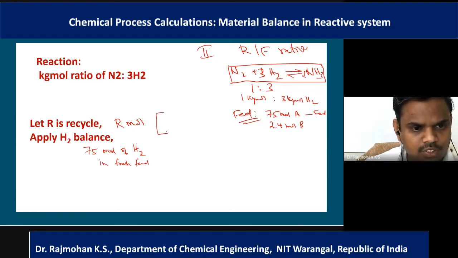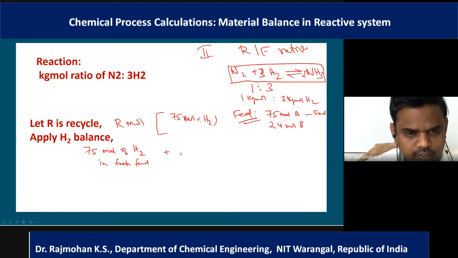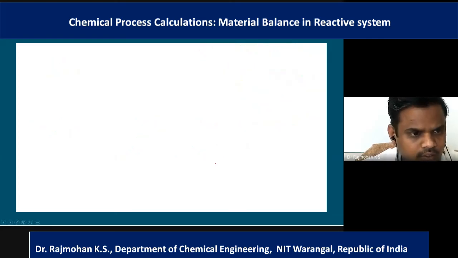The recycle composition is also given, which contains 75 mole percentage of hydrogen, right? So X of hydrogen is 0.75. So we can say 0.75 into R. This is the hydrogen balance we are applying.